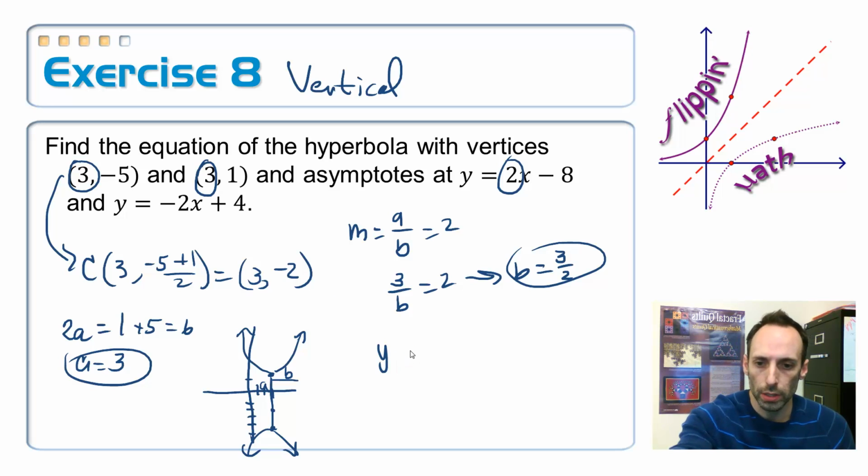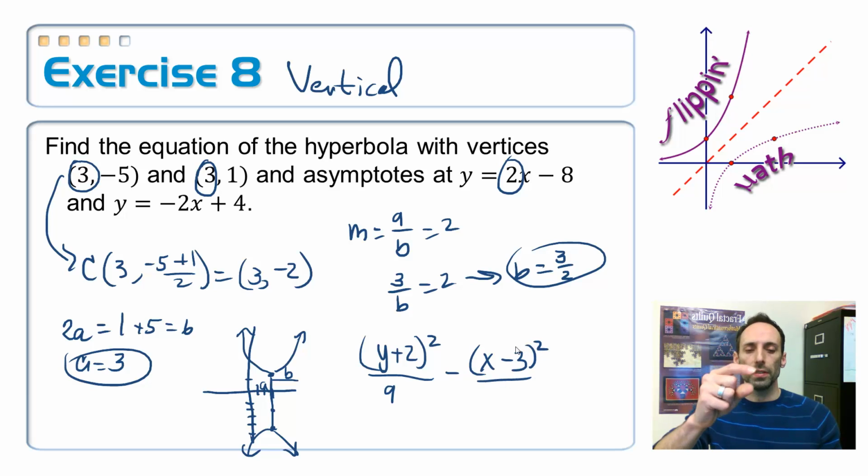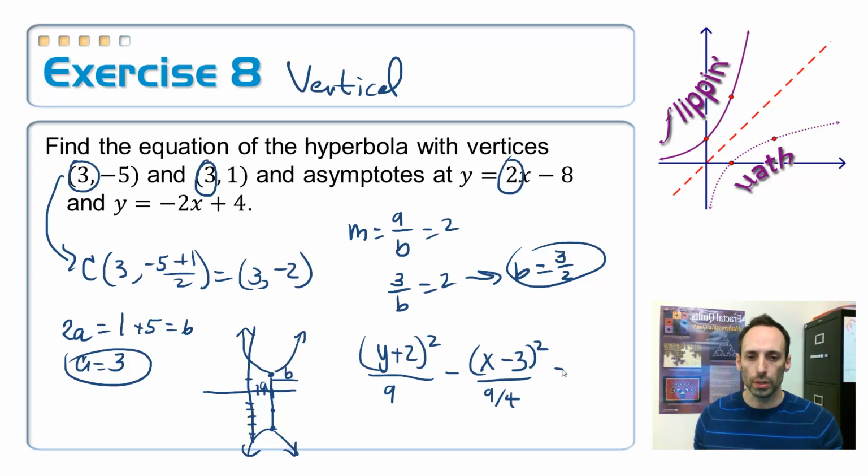So that's y plus 2, because that's the y coordinate, minus k, squared over, and my a value is 3, so 3 squared is 9. Minus, now do the same thing for the x values, x minus 3 squared over, my b value is 3/2, so square that and I get 9/4, equal to 1.